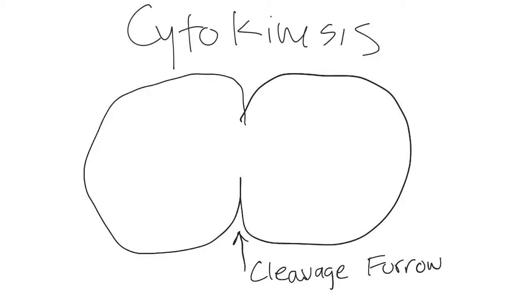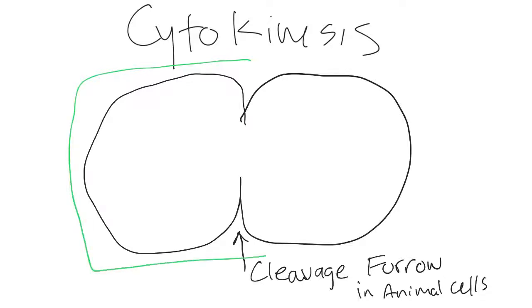So in animal cells, what you have are proteins which contract in on the cell membrane and cause it to kind of pinch off. And that's called the cleavage furrow. In plants, you have the addition of a cell wall.